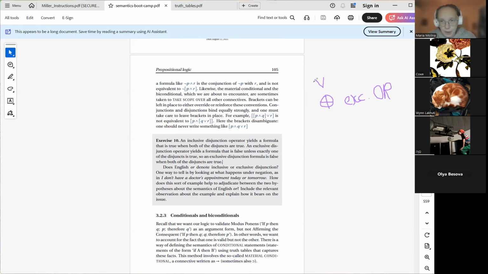Right? So P or Q gives us inclusive or, and P, how do you read it? P or Q gives us exclusive or. Ola, do you have any reading for this side?